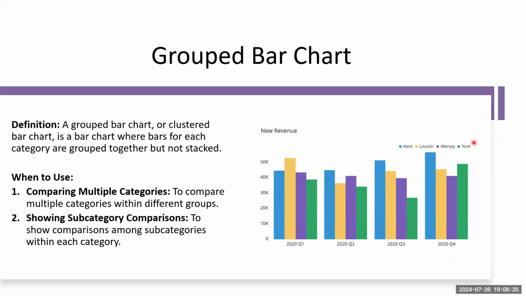This is a unique case because you don't want to combine this into one. If you want to put it as stacked, you can find a way and do it, but it's better to represent it this way.